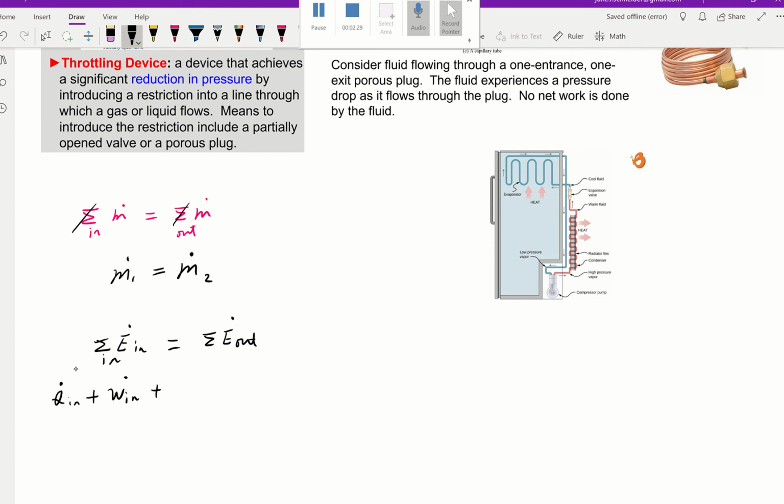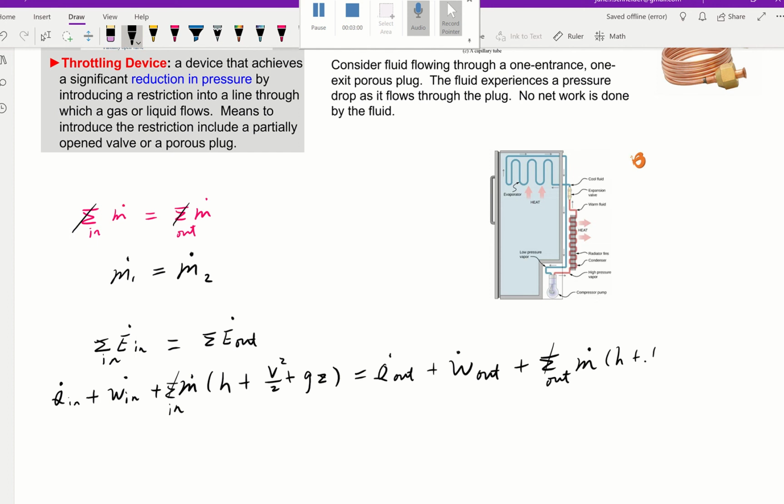And since it's an open device, the mass flow rate coming in carries enthalpy, kinetic energy and potential energy. Here I'm getting rid of the sigma because it's one inlet. The right hand side is the same, except we change everything from in to out. Again, we can get rid of the sigma because it's just one outlet, with h plus half v squared plus gz.